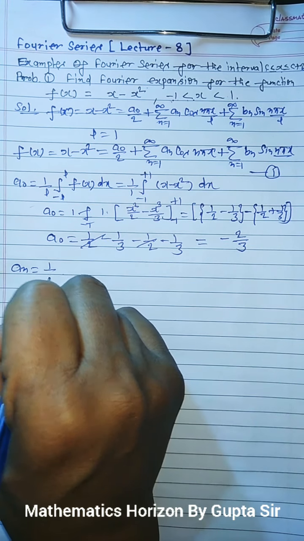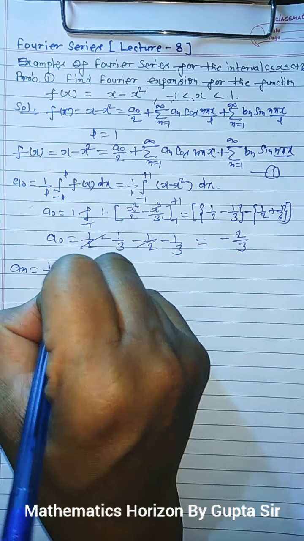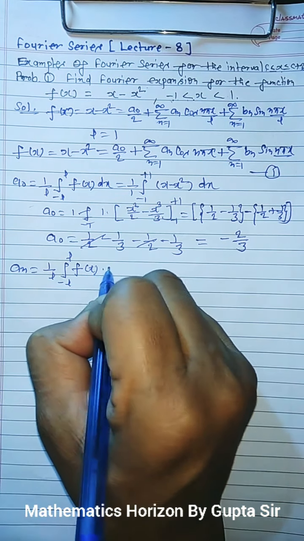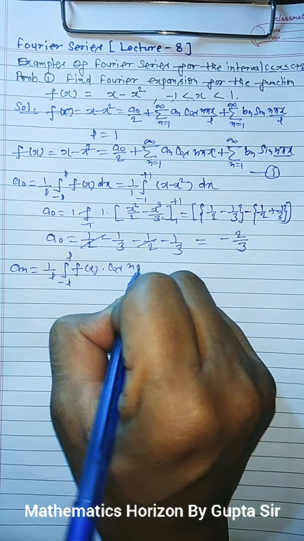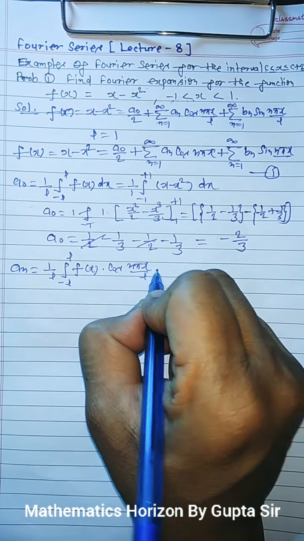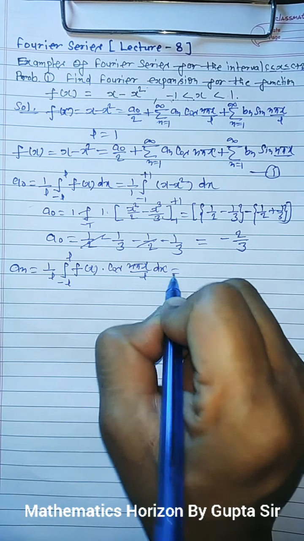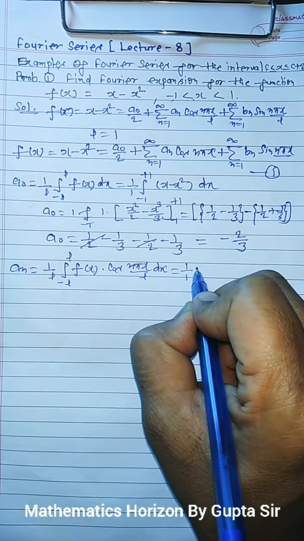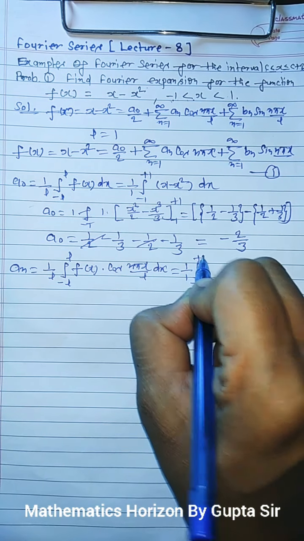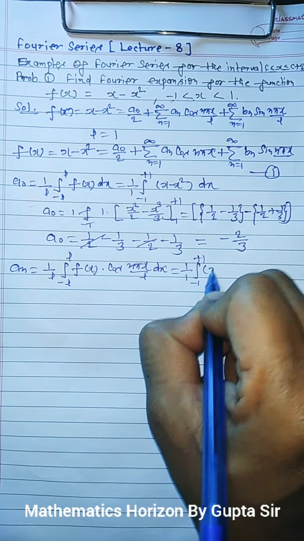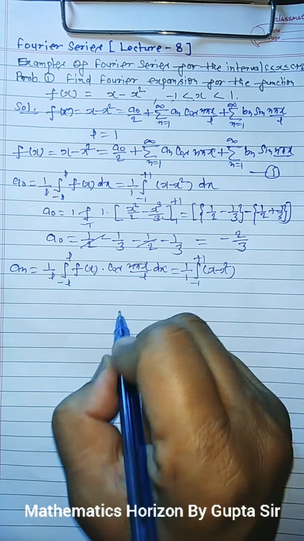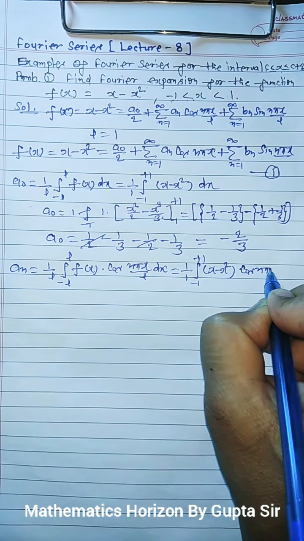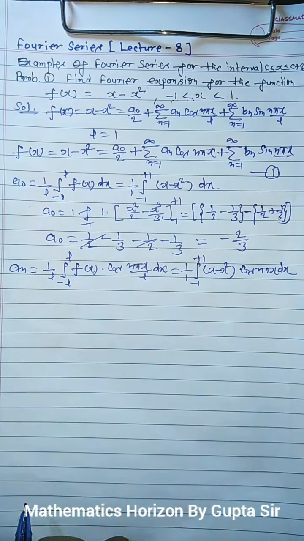The formula of an is 1 upon l times the integral from minus l to plus l of f(x) cos n pi x upon l dx. Here l is equal to 1, which means we have 1 upon 1 times the integral from minus 1 to plus 1 of f(x), that is x minus x square, and here l equal to 1 means we have cos n pi x dx.